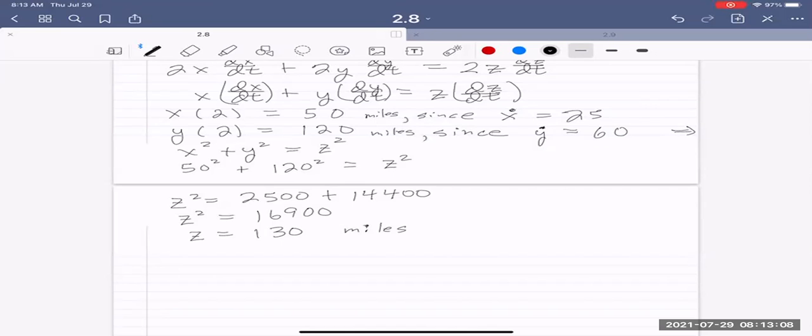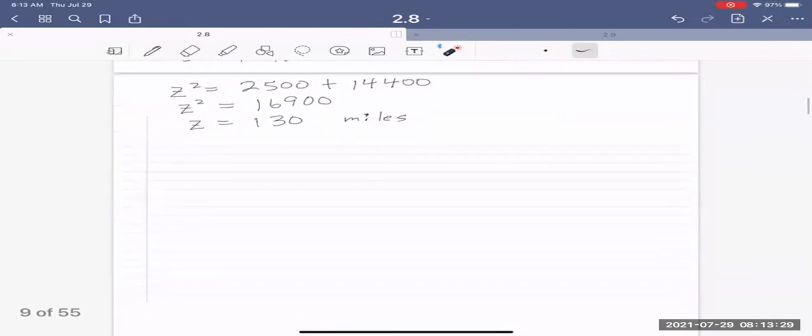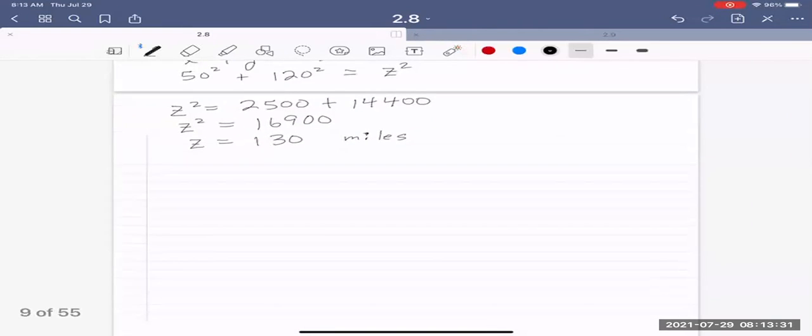Okay, so now I know a lot more. So now I know x, dx/dt, y, dy/dt, z, but I don't know dz/dt. Well, that's fine. I can solve for dz/dt. Now that I have all this information that I needed, I can redo this.